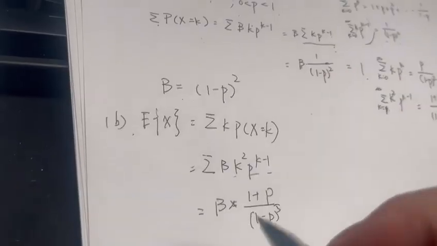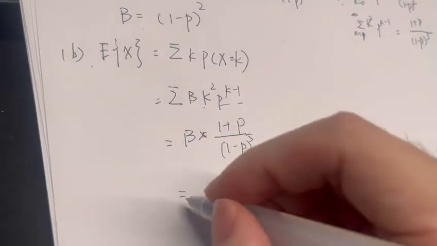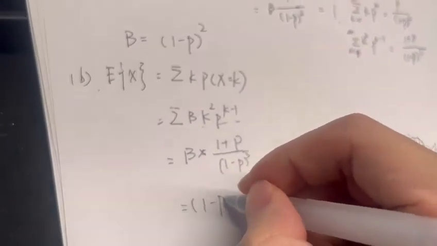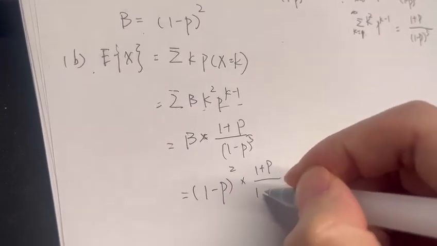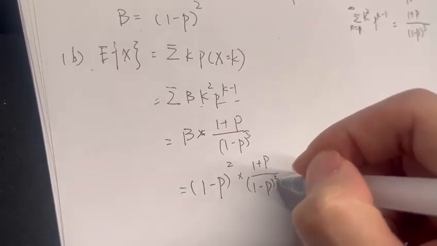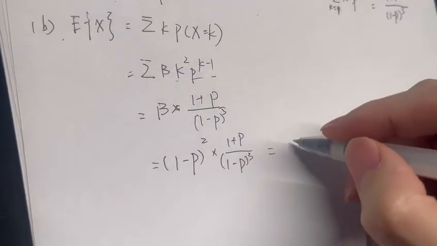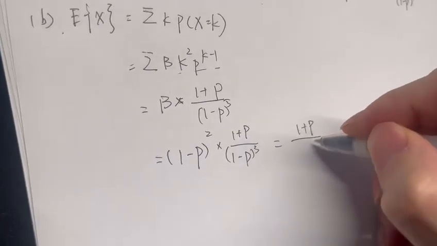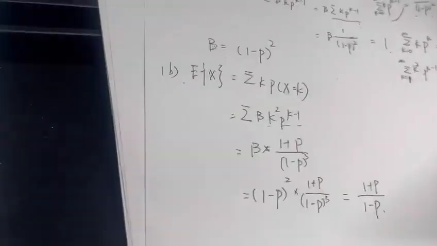And since we already know p equals to this, we're going to put b into this equation. So we can get the final answer is equal to (1 plus p) divided by (1 minus p). So that's the answer for this little question.